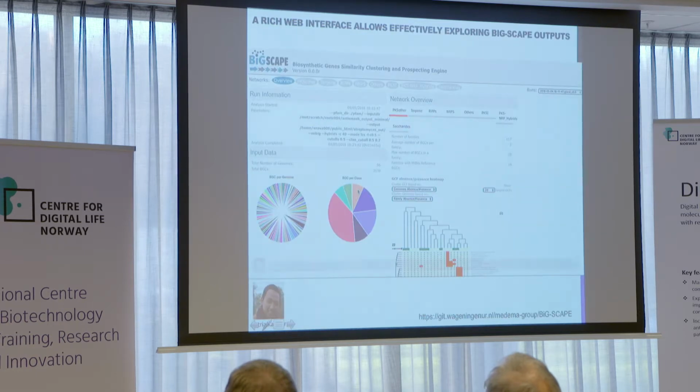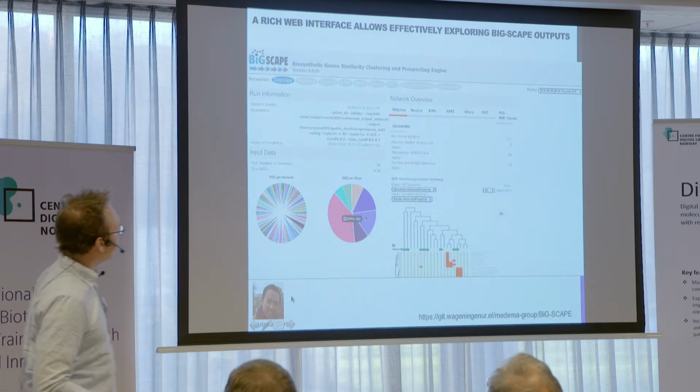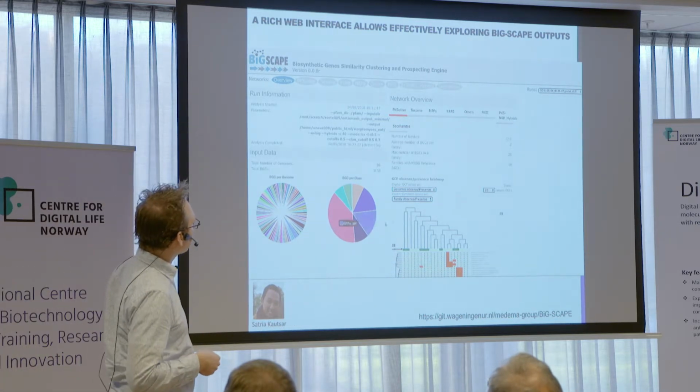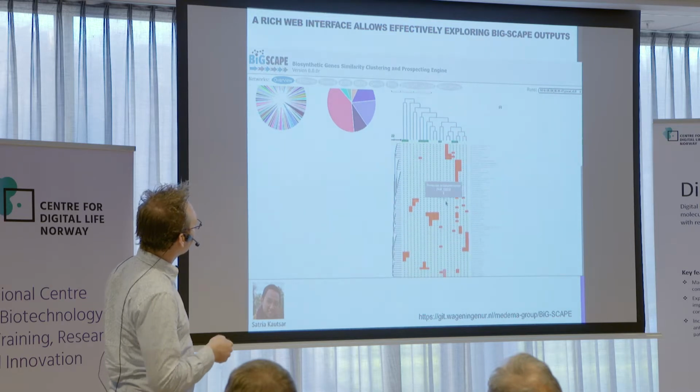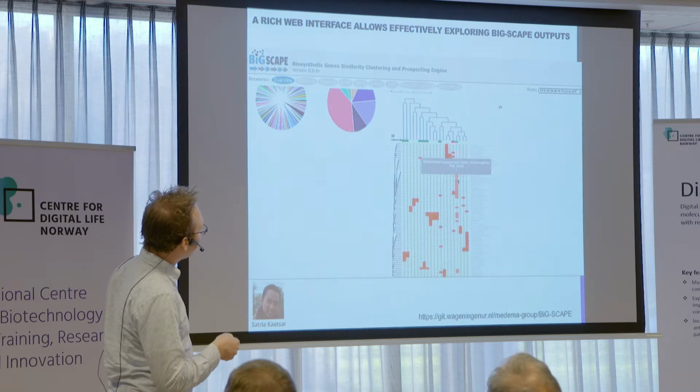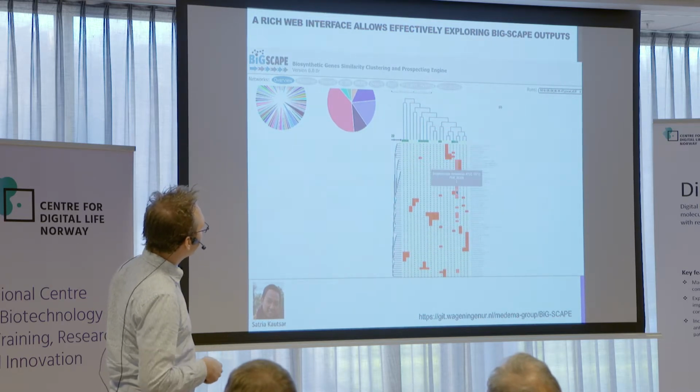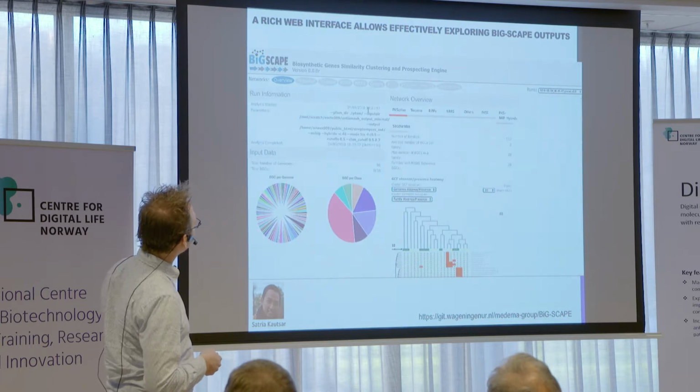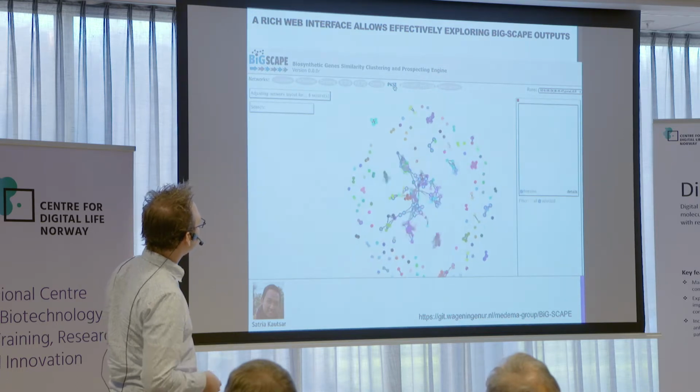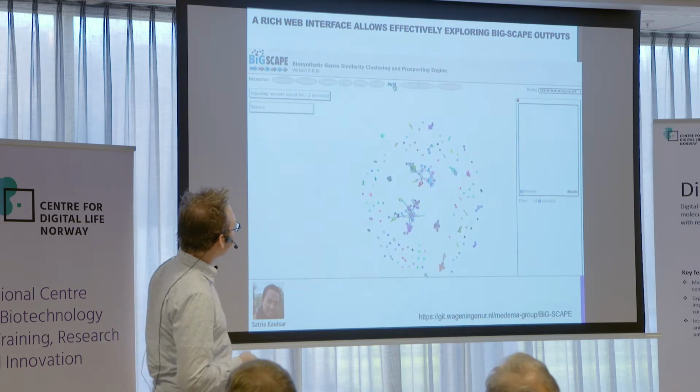So it's of course important to also make the data analysis accessible. And for that we, and particularly Satria in my group, built a user interface to be able to explore the output. So you get an overview of gene cluster families versus genomes. And then you can go, for example, to the network of a particular product class, for example, the type 1 polyketide synthases.